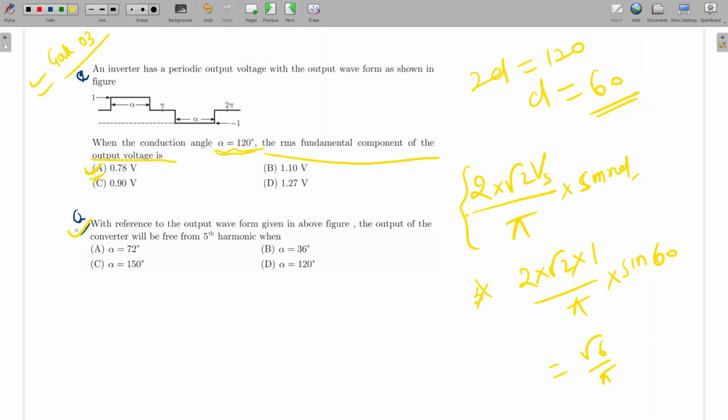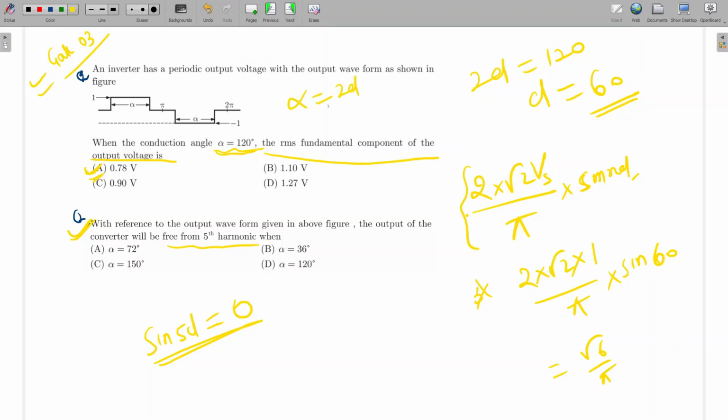What is the answer to the second question? We want to eliminate the fifth harmonic, so sin 5D should be equal to 0. Let's say alpha, see here, we have to look carefully. Alpha is equal to 2D.